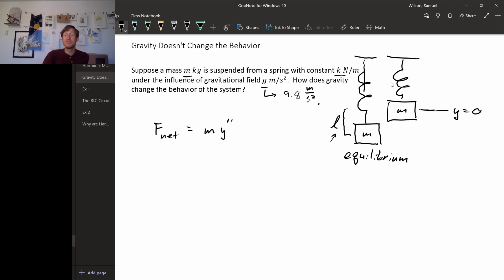In the equilibrium situation there is no acceleration because the mass is hanging motionless, so the right-hand side is 0. The left-hand side is the force due to the spring, which as usual is minus k times y, plus the force due to gravity. Gravity always acts in the negative y direction, and it's mass times g.